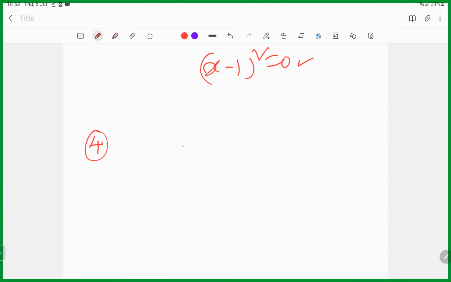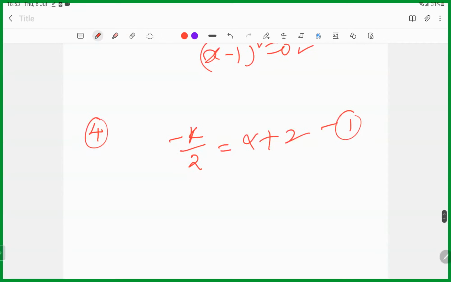Minus b by a is minus k by 2, right? So minus k by 2 equals the sum of the roots. Let's take one root as 2 and the other root as alpha. Okay, so this is one equation.